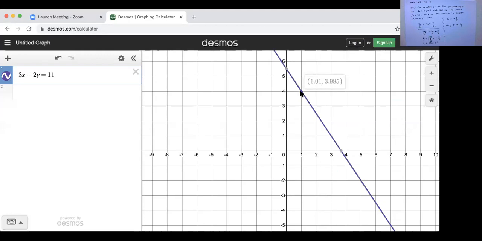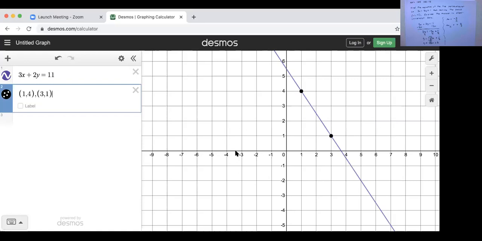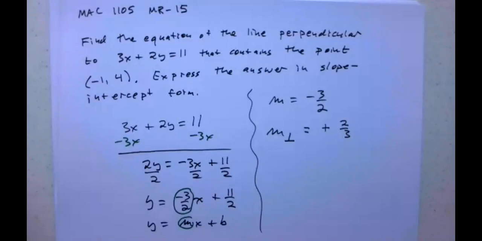I guess we have a point here at (1, 4) that's crossing at a hash mark, and another point here that seems to be crossing at (3, 1). So if that's the case, the slope is down 3 over 2: change in y down 3, change in x over 2. So our slope seems to be -3/2, which is what we said, right?